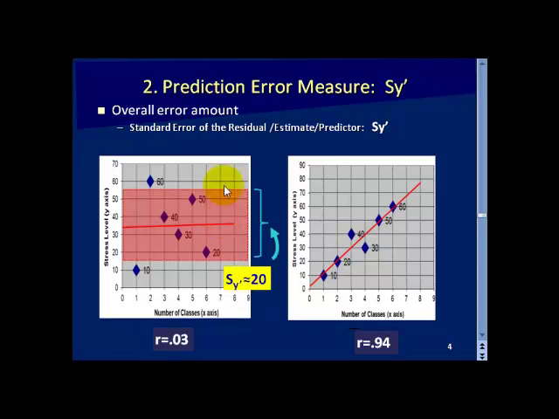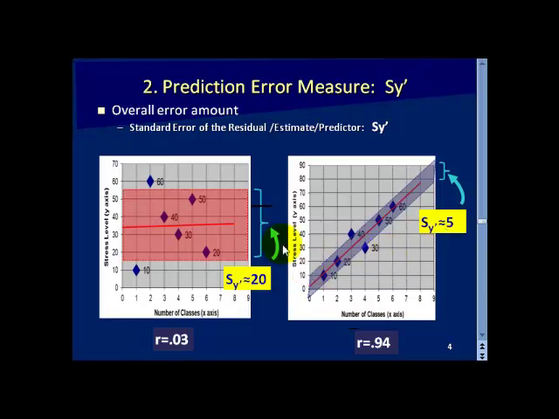It's showing you that around the regression line you have a lot of error. Whereas over here, when you have a strong correlation, there's very little error around the regression line. So instead of needing 20 units to capture 68%, just 5 units captures 68%.